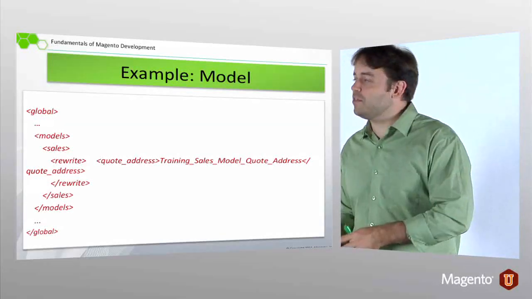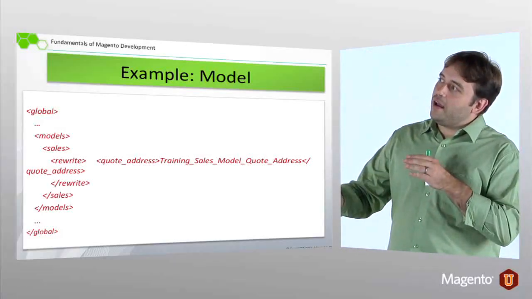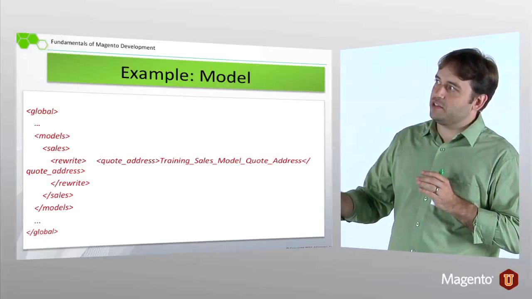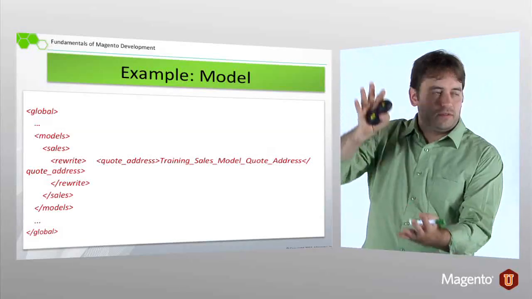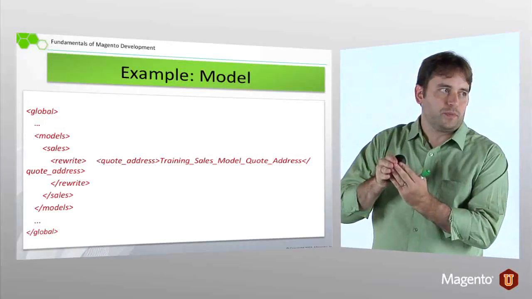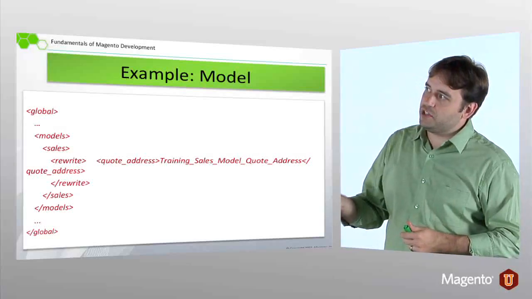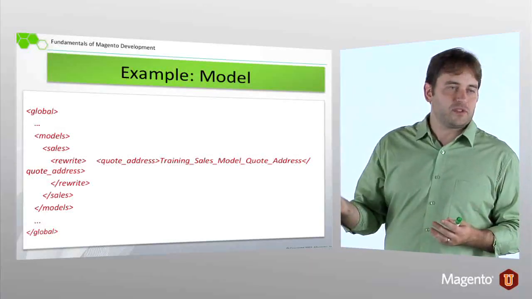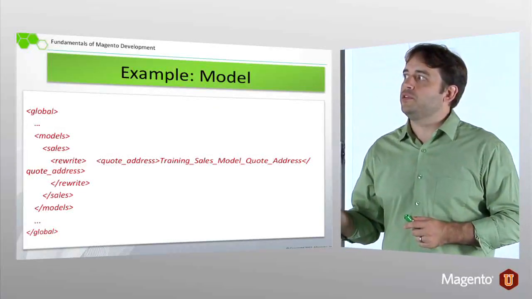So if I could write on the screen, I'd love to, but I can't. So imagine, though, that you have this path existing, because remember, all the configuration is loaded together. It's basically loaded into one big DOM structure. So this XPath has already been set up somewhere else, and we're simply adding a node to it.